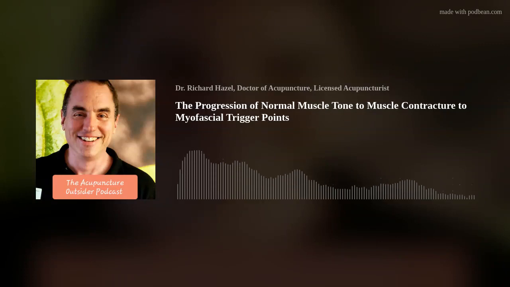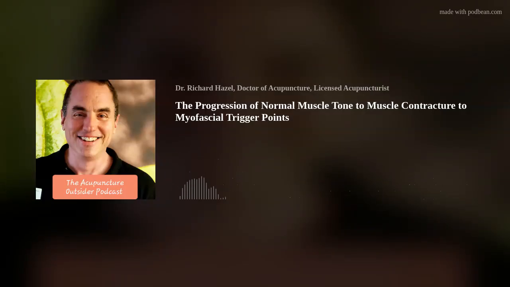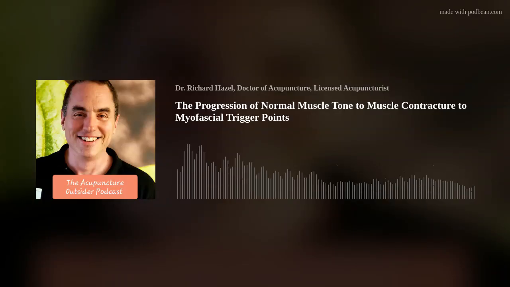So let's talk first about normal muscle tone. Normal muscle tone is primarily being regulated by muscle spindles in the muscle that send information to the nervous system, especially the spine. Mostly spinal segment is going to manage that muscle tone.